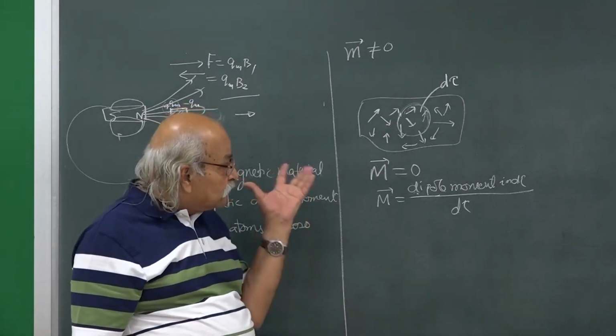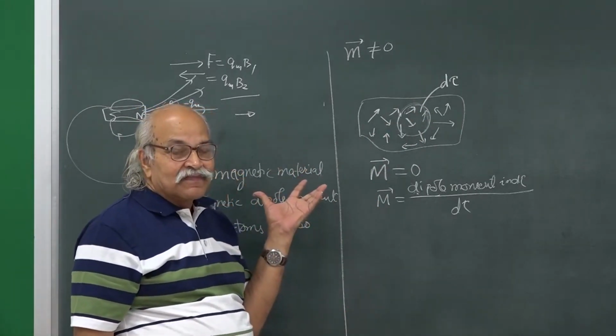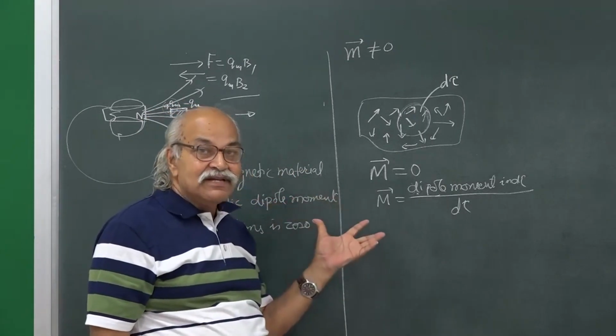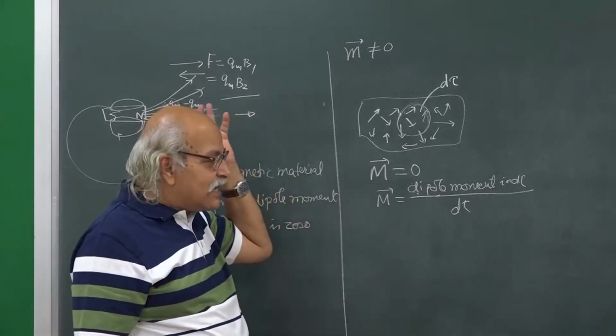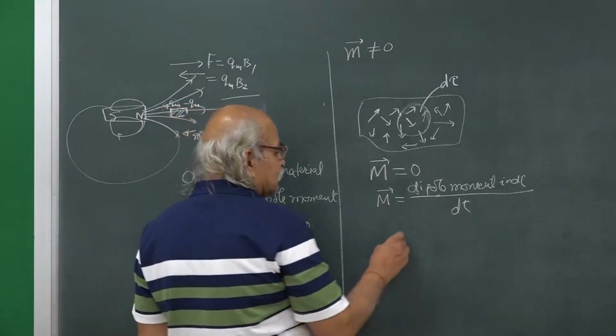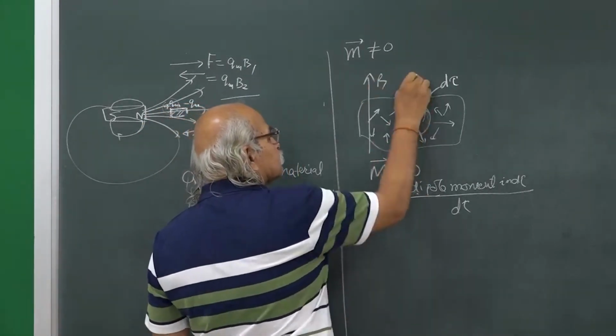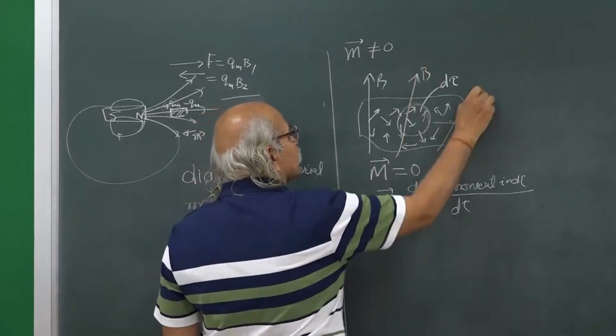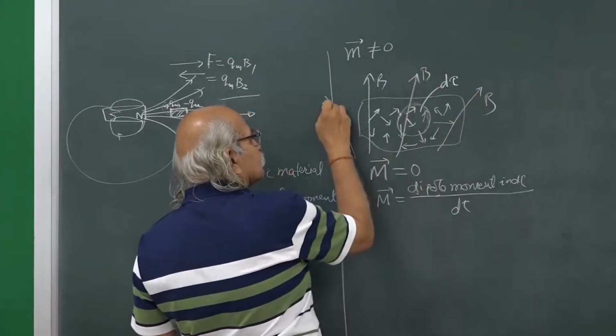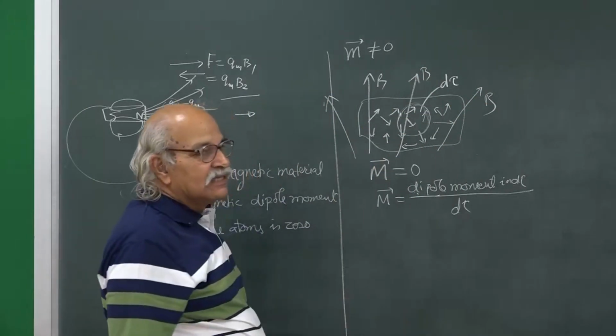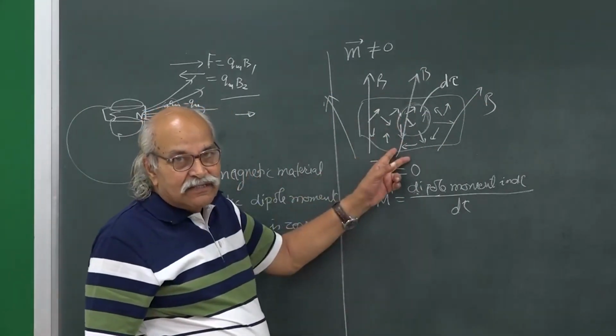But if you put this material in a magnetic field as we did for that diamagnetic thing, what will happen? Suppose I put a magnetic field here, B, like this. What will this magnetic field do?